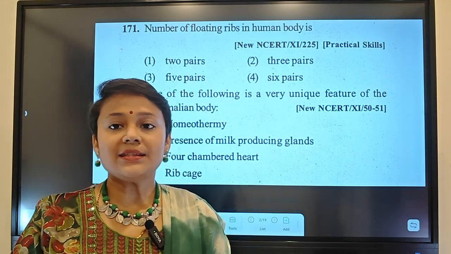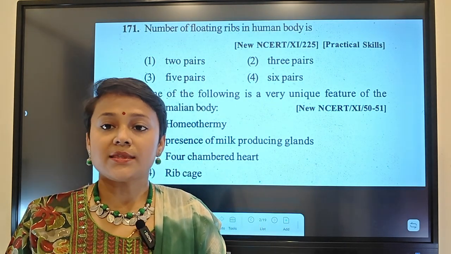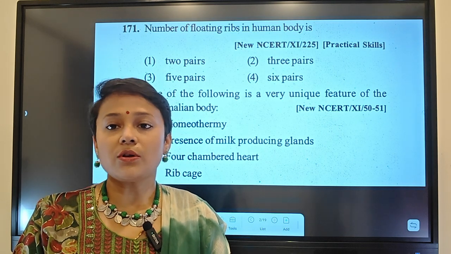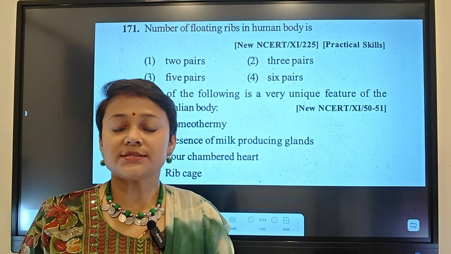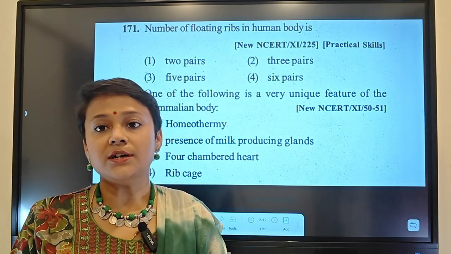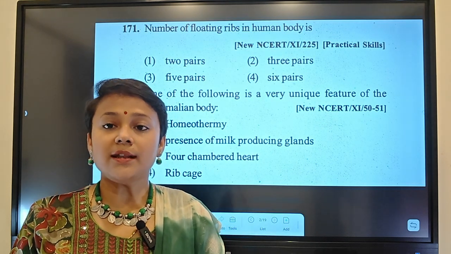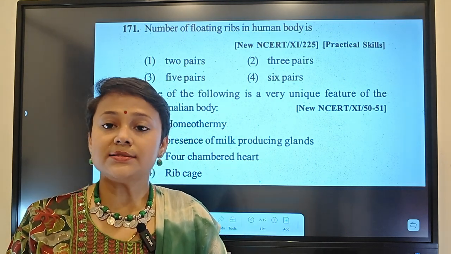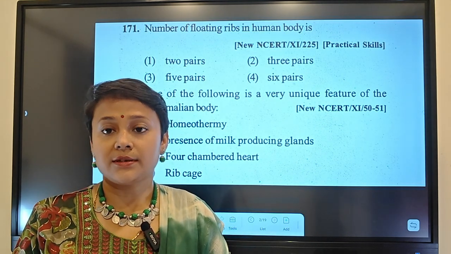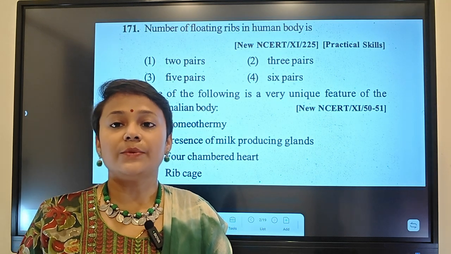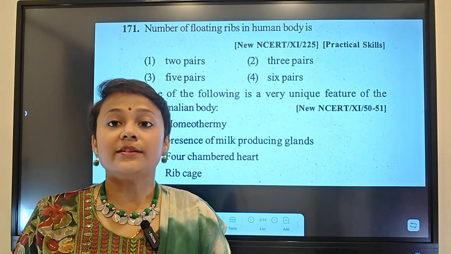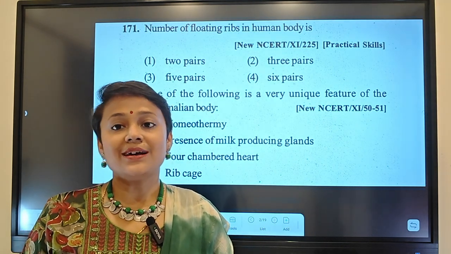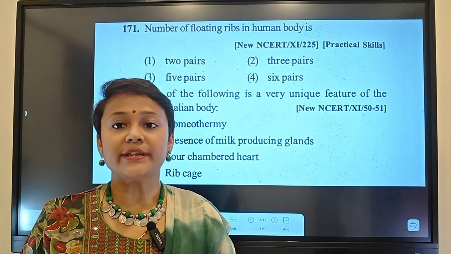Now coming to the 8th, 9th and 10th. They are called vertebrochondral ribs because dorsally they are attached to the vertebral column, but ventrally, with the help of cartilage, they join to the 7th. So 8th, 9th, 10th are vertebrochondral, and the last 2 pairs, 11th and 12th, are called floating ribs.